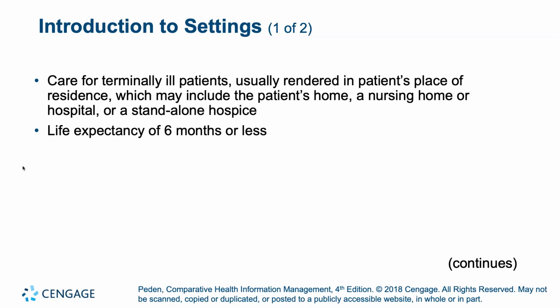So wherever the patient is, a lot of hospice programs provide care there, sort of like a home health care agency, but different. Hospice care is also provided in inpatient hospital units as well as in skilled nursing facilities or nursing homes.